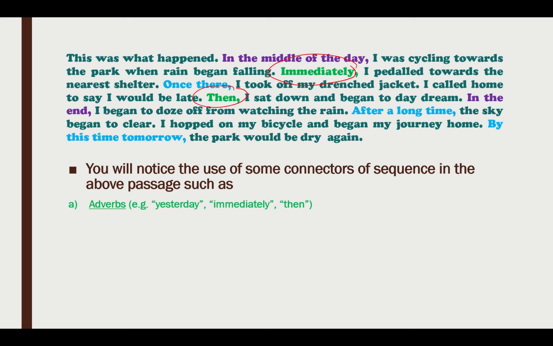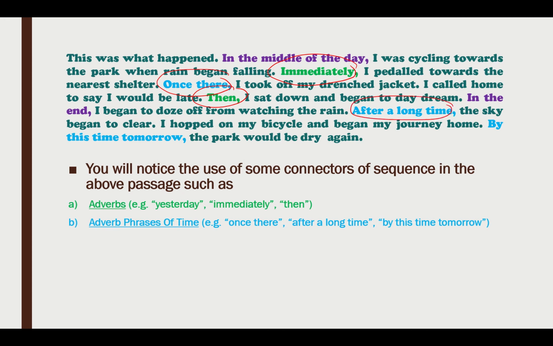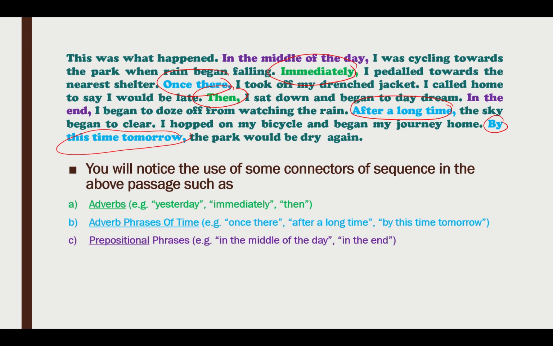Okay, the next connectors of sequence are the adverb phrases of time, whereby you can see words such as once there, after a long time, by this time tomorrow. And lastly, the use of prepositional phrases such as in the middle of the day and in the end.